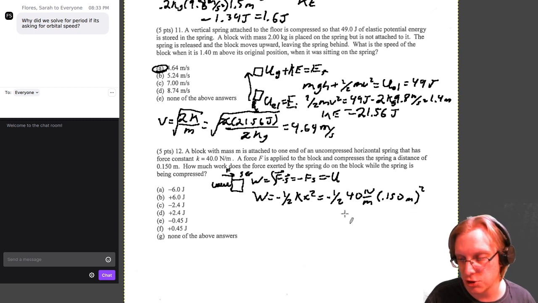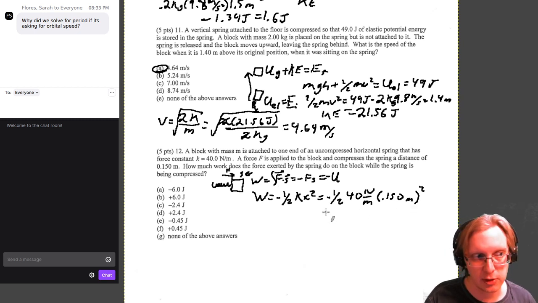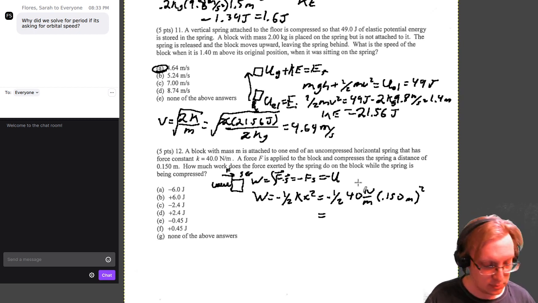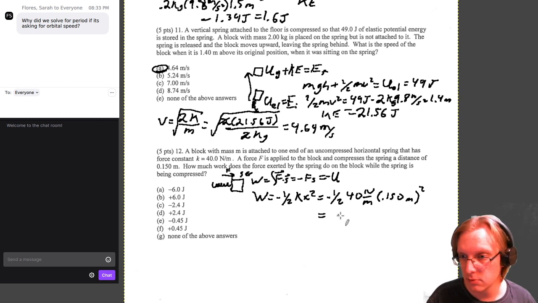Newton meter is a joule, unless it's torque, in which case we leave it as a newton meter. So that is 20 times 0.15 squared, which is negative 0.45 joules.